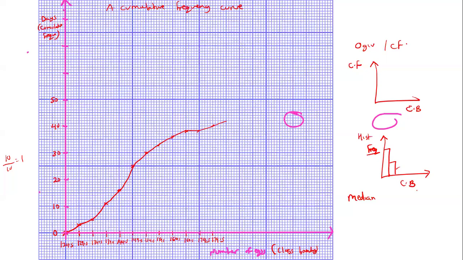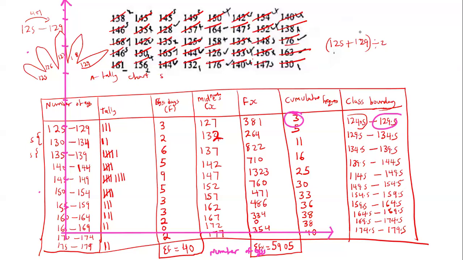You will notice 124 to 129 is a class boundary, 129 to 134 is a class boundary, 134 to 139 is a class boundary. But what you plot, you use these upper values. Okay, you get this frequency against the upper value.